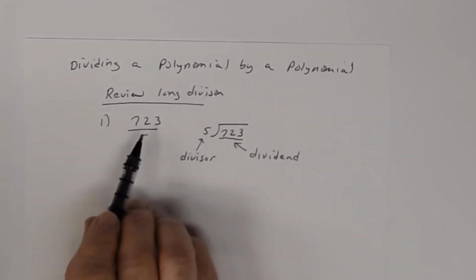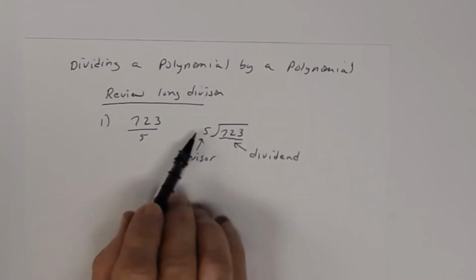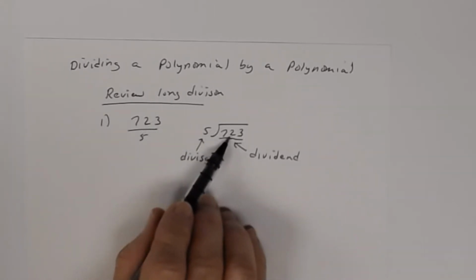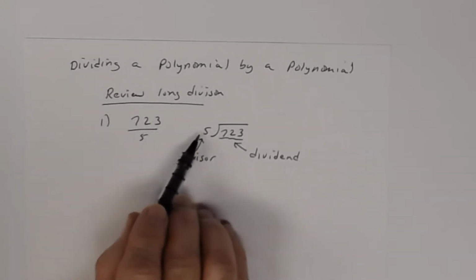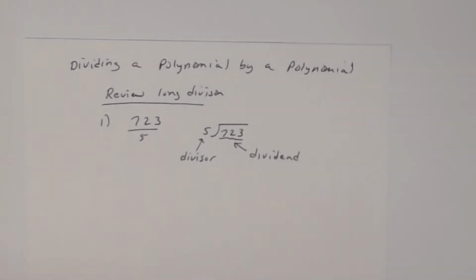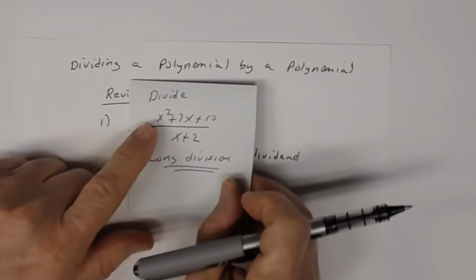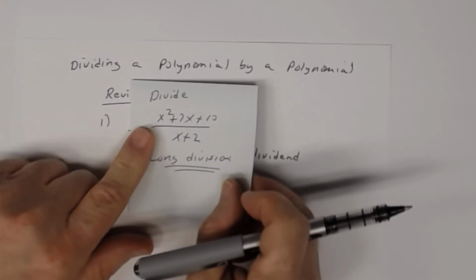Some students have a little bit of difficulty remembering what goes where. So your denominator is the first thing you write, your numerator is the second thing you write. So your denominator is your divisor, your numerator is your dividend. And that's going to be important when we use long division with polynomials.